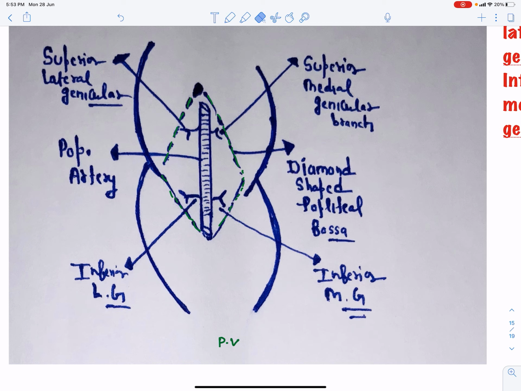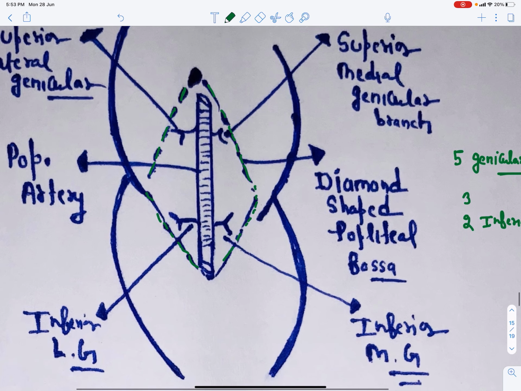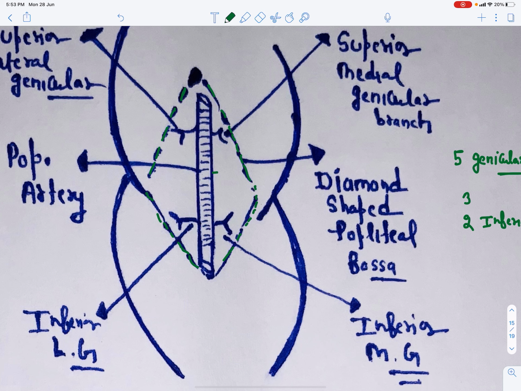This popliteal artery gives off how many branches? 5 genicular branches. 3 are present in the superior aspect, 2 are present in the inferior aspect. Now what are the names? Pay attention. First, see this side. This is our popliteal artery, right? On the superior side of the popliteal artery, there is one branch here.